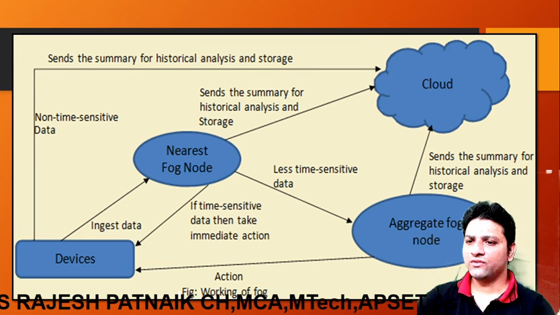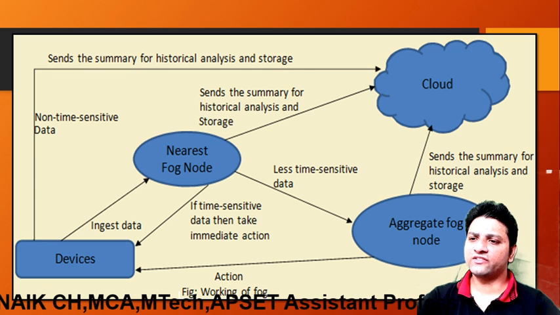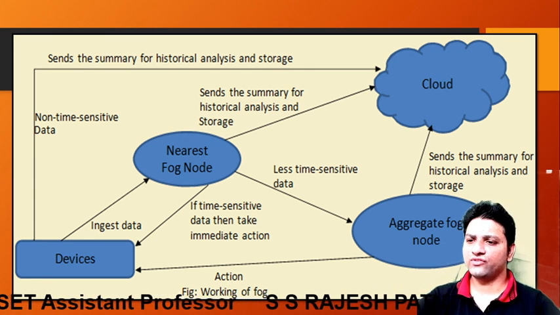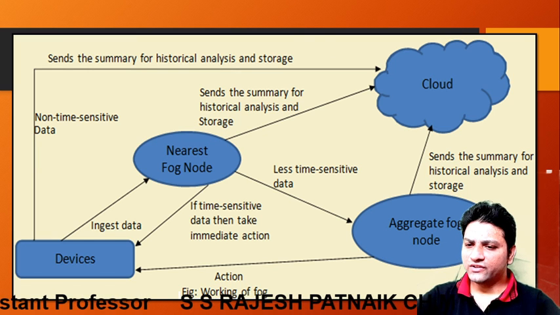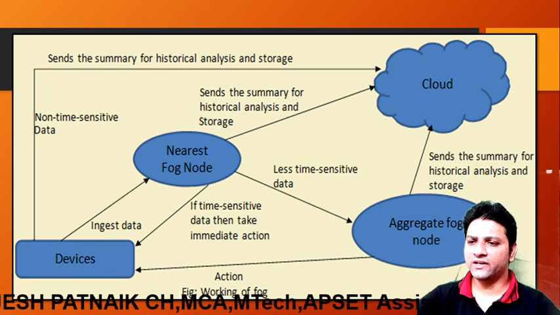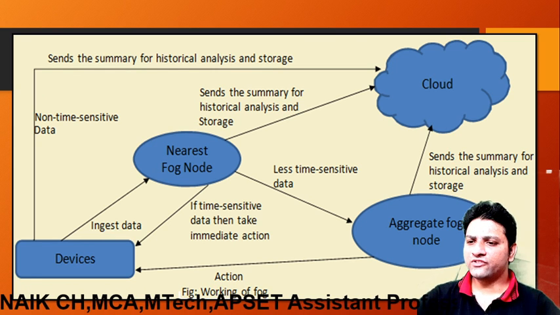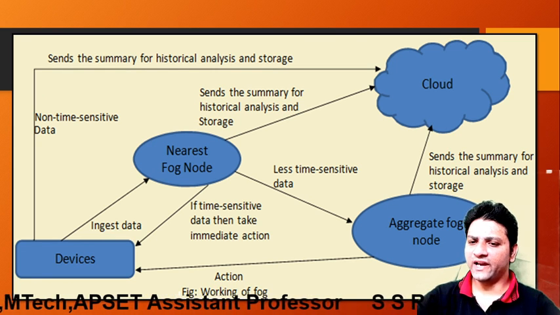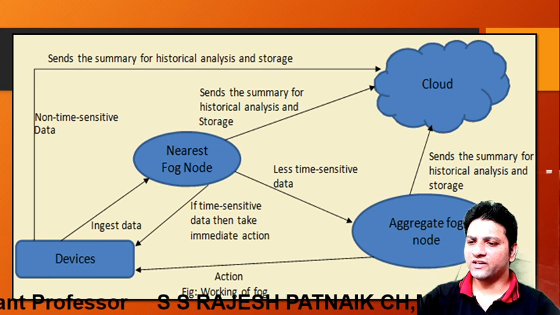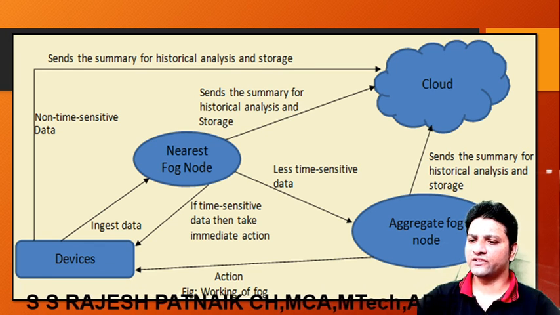So let us see here. It sends the summary of the historical analysis and storage. These are the four nodes: the cloud at the top, the nearest fog node, the devices, and the aggregate fog node. See here, devices inject the data to the nearest fog node.